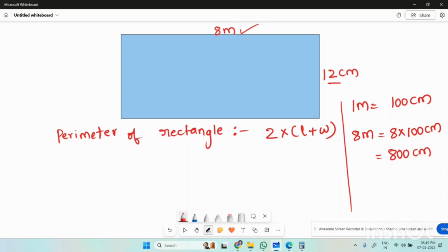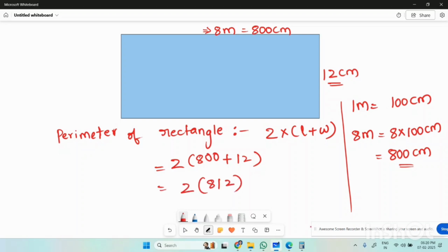Here we are not converting centimeters into meters because you will get a decimal number. That's why we are converting the bigger unit to the smaller unit. 8 meters is 800 centimeters. Now both length and width are in the same units. Now find the perimeter of the rectangle. 2 times (length, which is 800 centimeters, plus width, which is 12 centimeters). 800 plus 12 is 812.